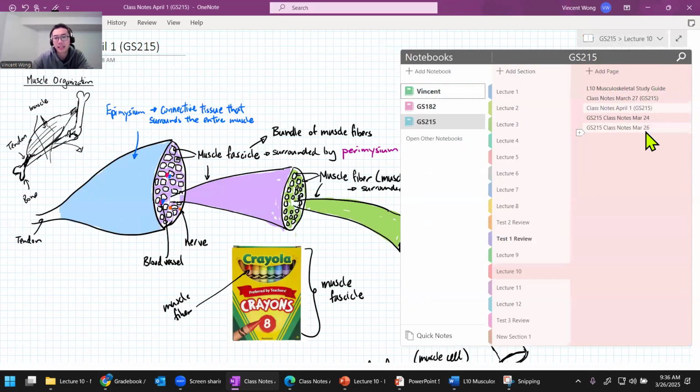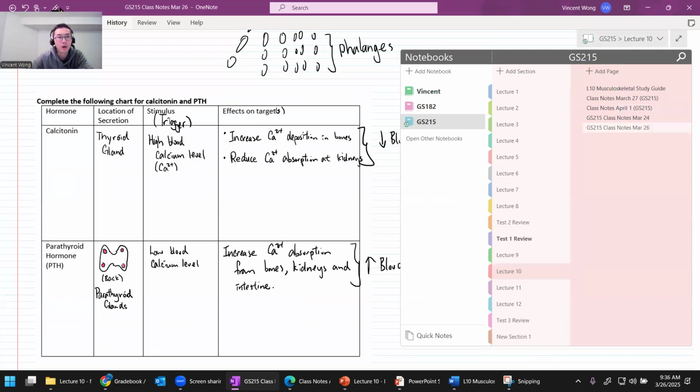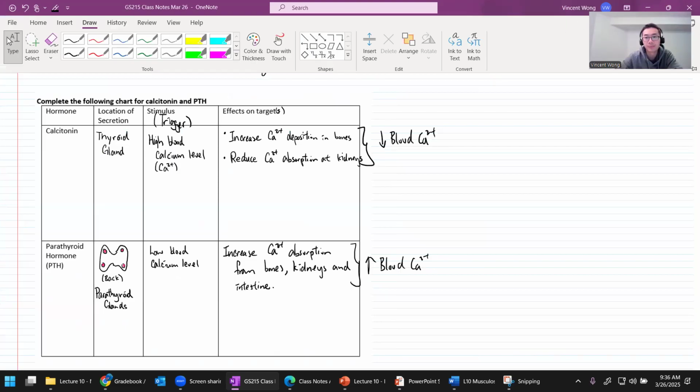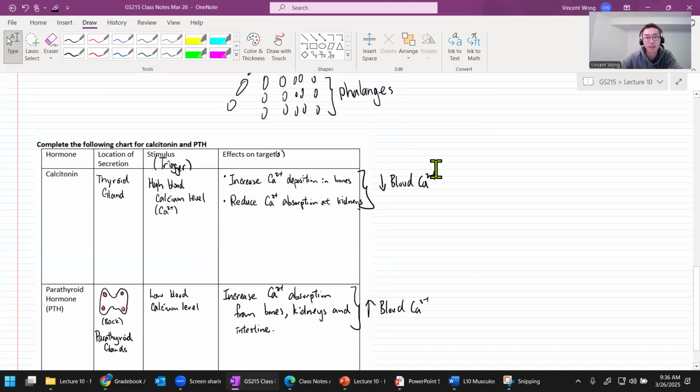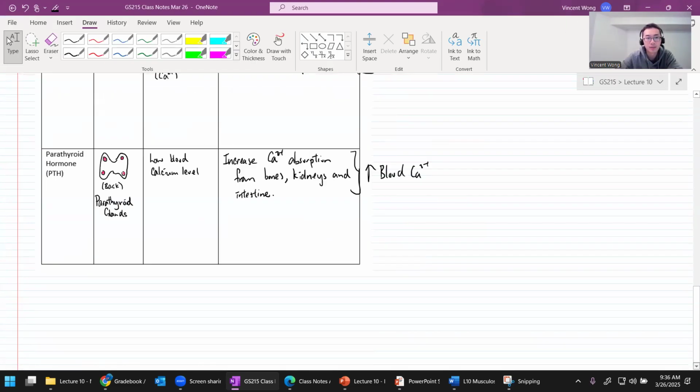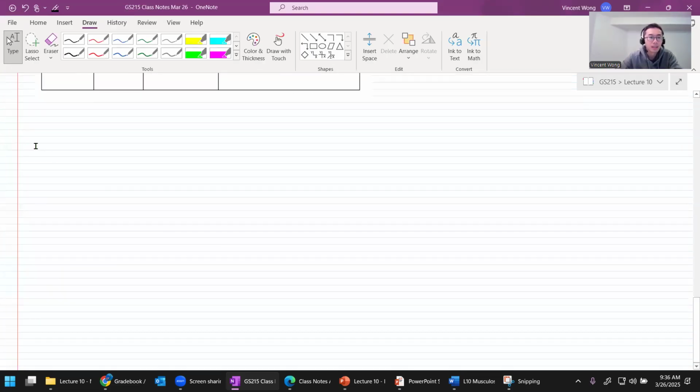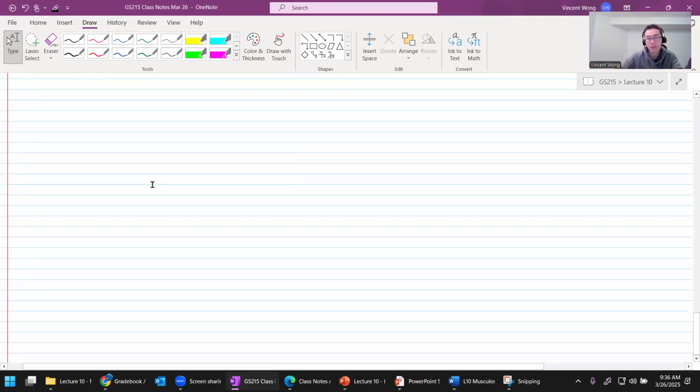This is going to show you the organization of the muscle. Personally, I think drawing it out is a better way to learn it, rather than just looking at it on the slide.